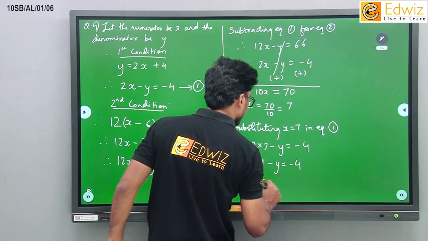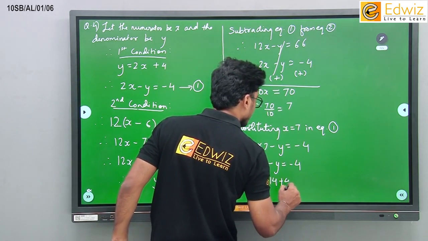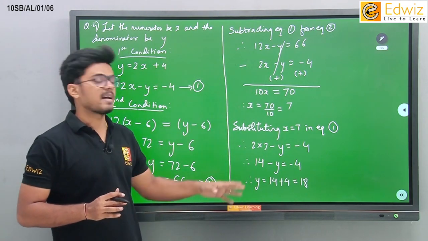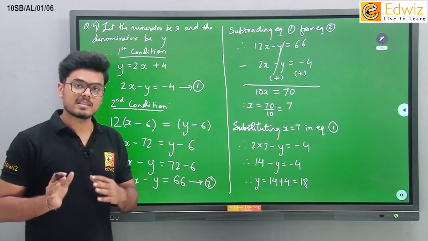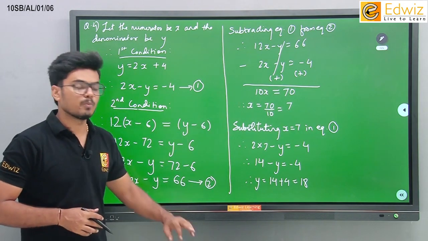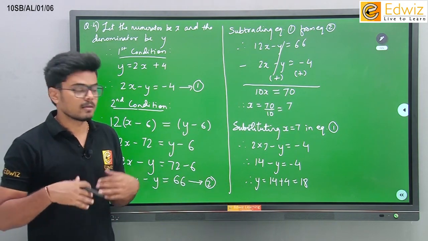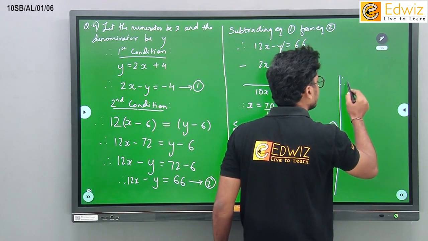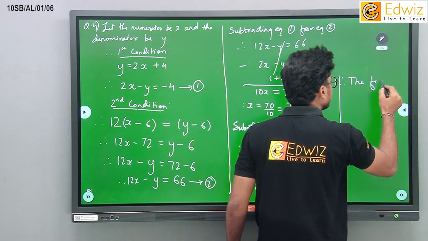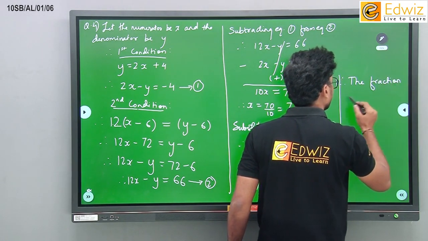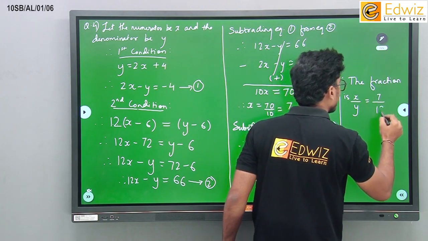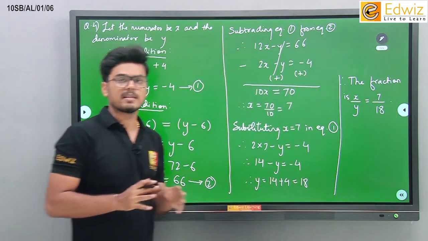So y will be 14 plus 4, that is 18. So we have the values of both x and y, 7 and 18. Remember, this is a fraction. x is the numerator, y is the denominator. So the question is, what is the fraction? We will write, therefore the fraction is x upon y, which is equal to 7 upon 18. Correct? This is our final answer.